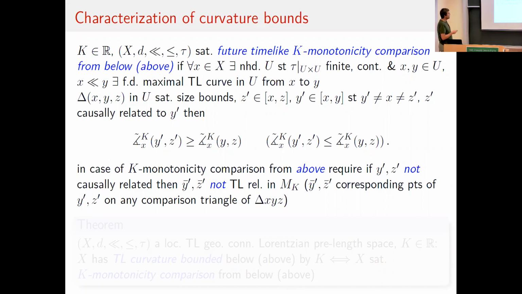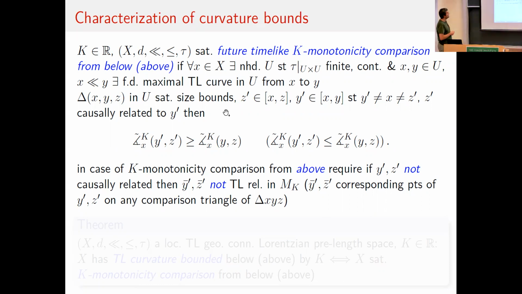So we say that the space X has future time-like K monotonicity comparison from below if for all X, there is a neighborhood U such that the time separation is finite and continuous, and any two time-like related points can be connected by a maximal time-like curve. So now we really need that the curves are time-like.